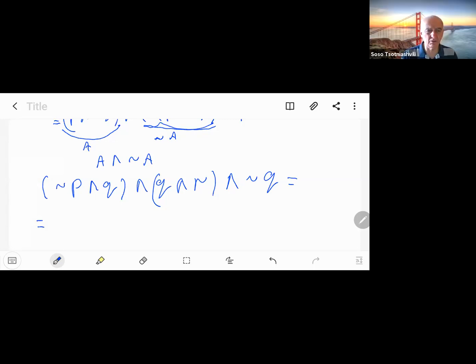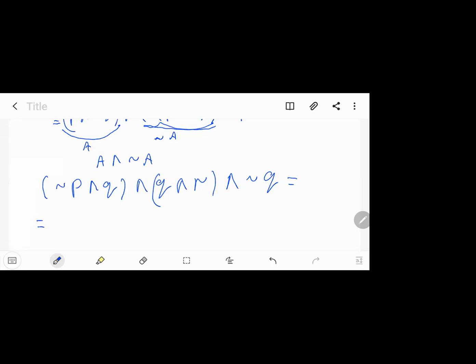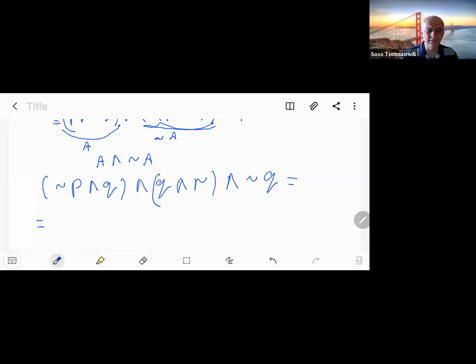Yes, the distributive law. We have the distributive law and we have the associative law.